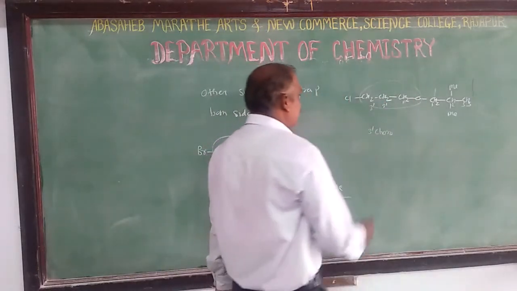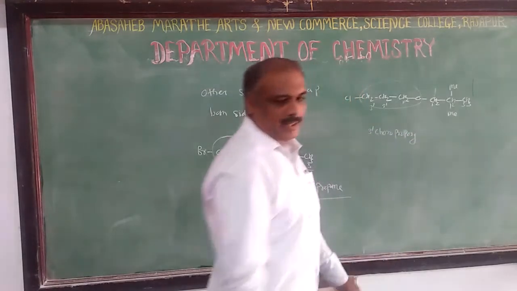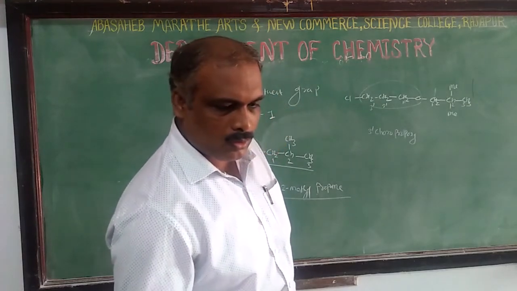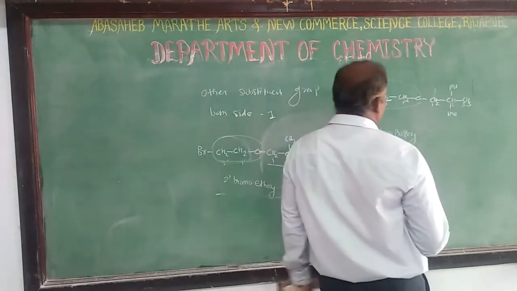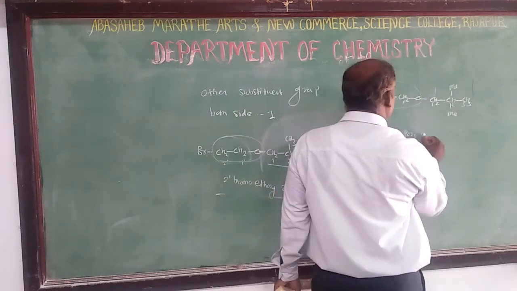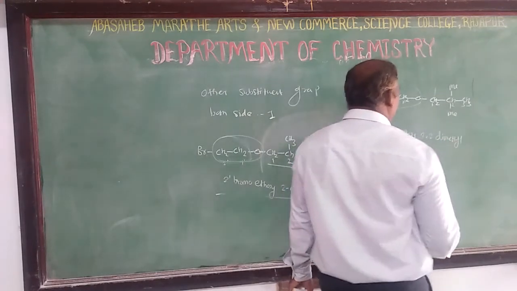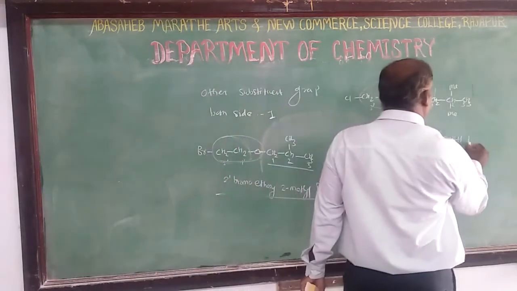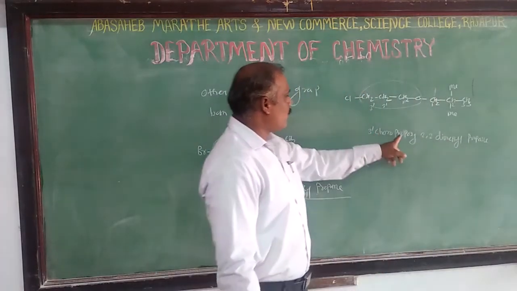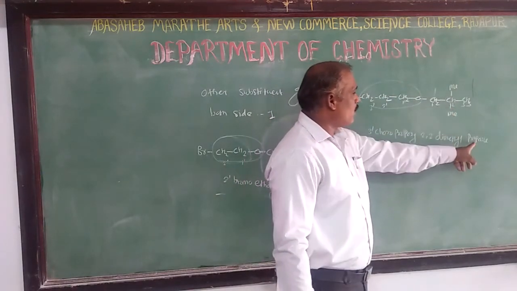The substituent group is propoxy, so 3-chloropropoxy, then 2,2-dimethyl, and propane.